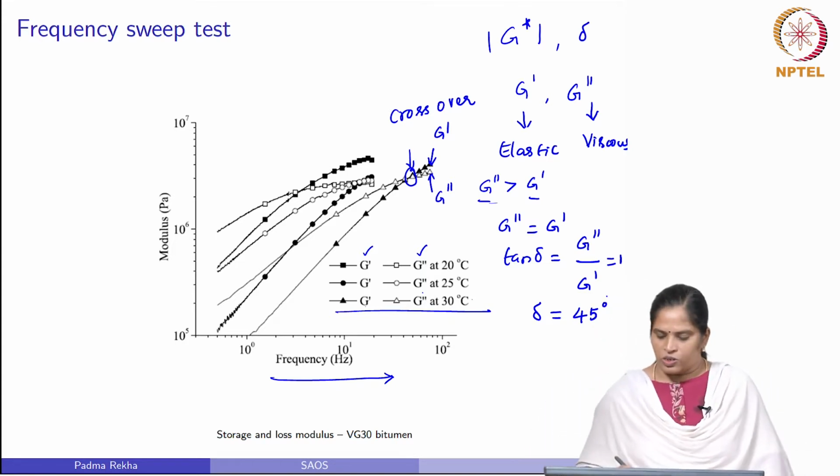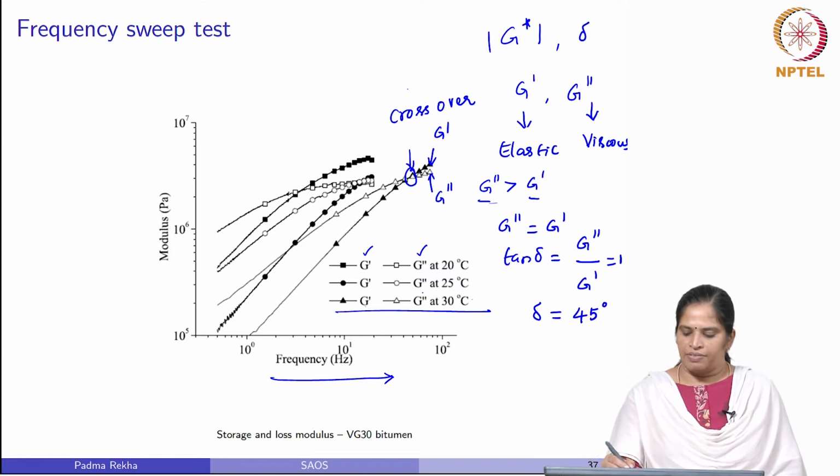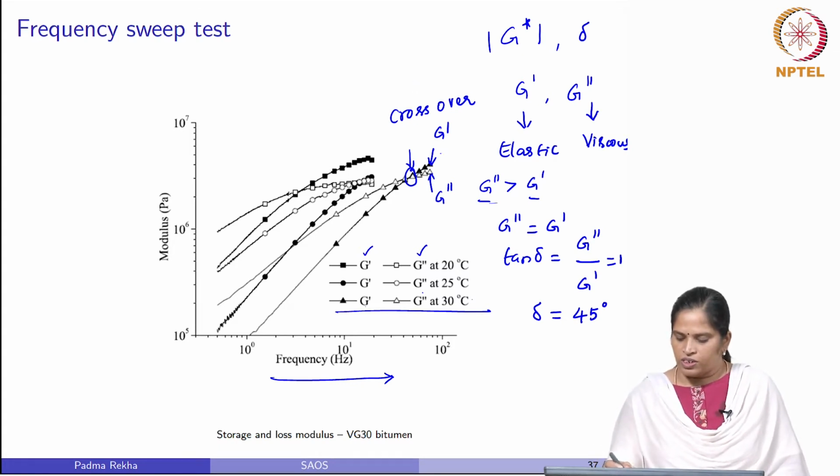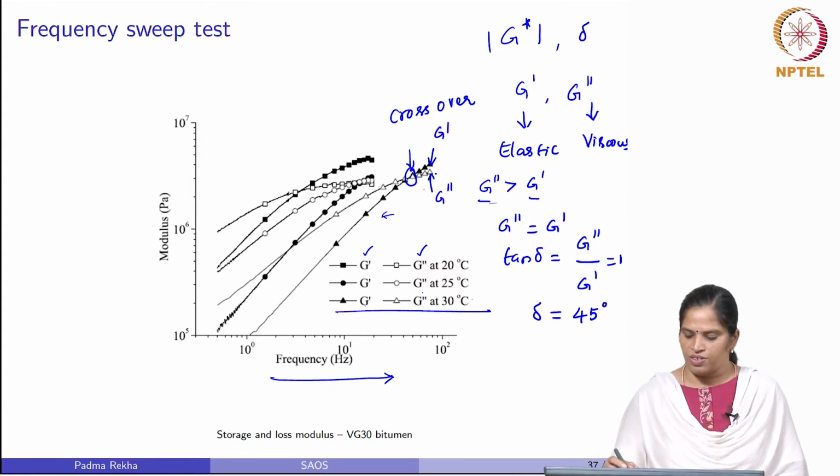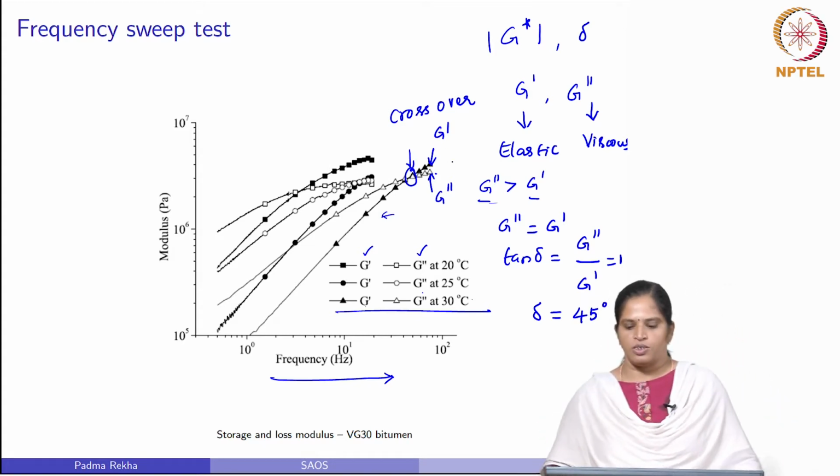So, at this crossover point, delta is 45. After this crossover, you can see the elastic modulus dominating the viscous modulus. Before crossover, at low frequency, the viscous modulus dominates the elastic response. After crossover, at high frequency, the elastic modulus dominates the viscous response.